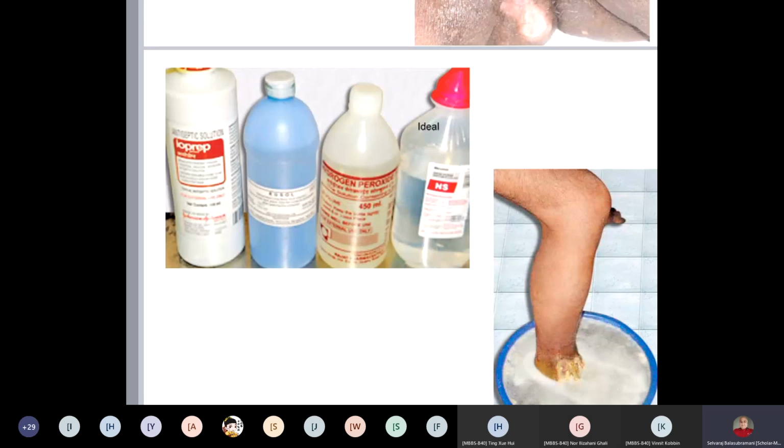Don't do dry dressing, because if you are using a dry dressing for an ulcer, the dressing material will stick to the ulcer, and when you want to change the dressing, it will be very painful. So whenever you are doing a dressing for an ulcer, it is better to do a moist dressing. You have to wet the gauze piece, whatever you are using, with the ioprep, and then do the dressing.